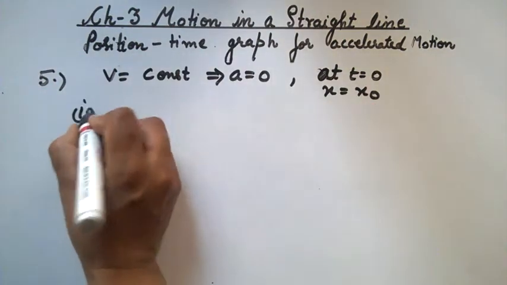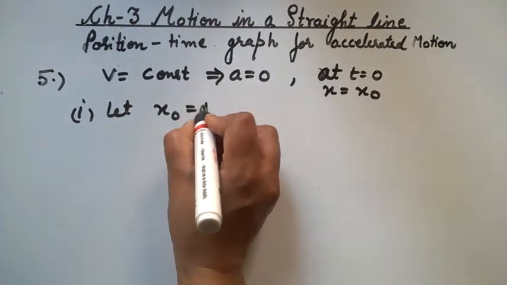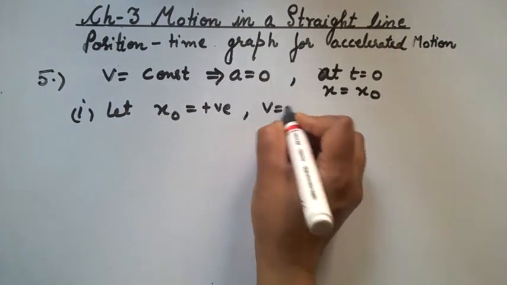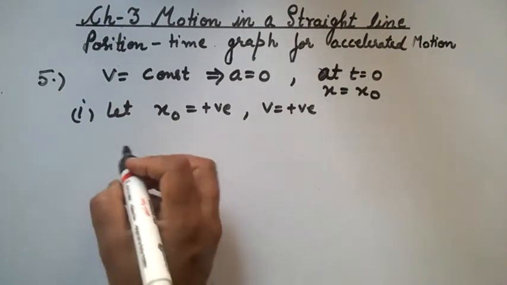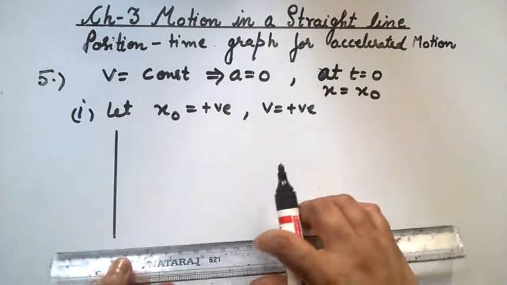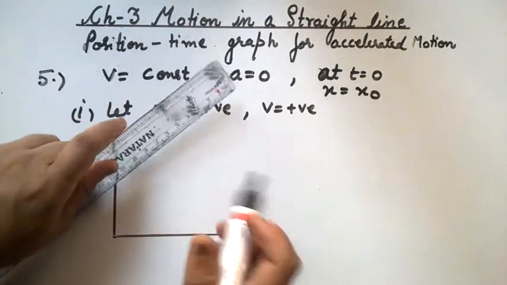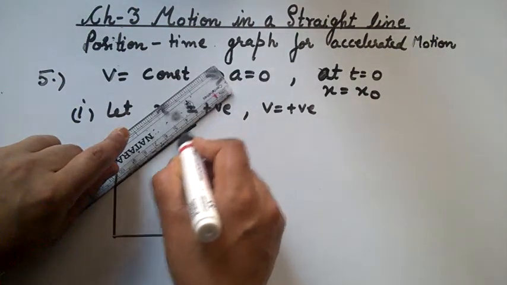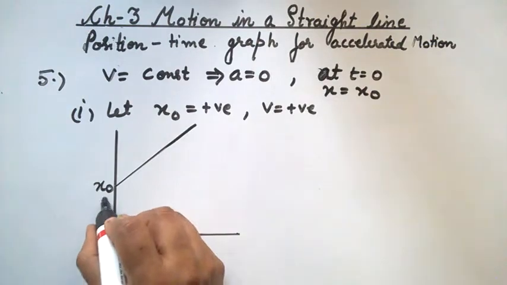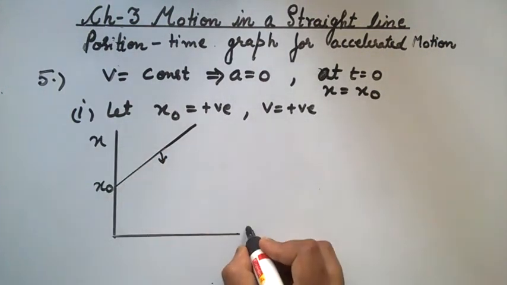First case: let us suppose x naught is positive and the velocity of the particle is also positive. Then the motion of the object will be a straight line starting at some position, and here v is positive.